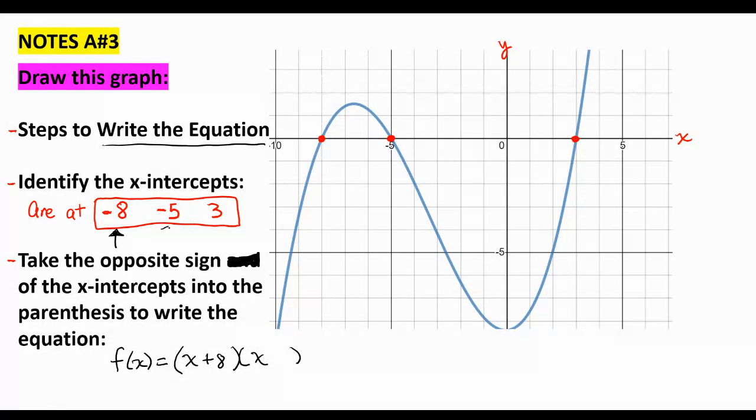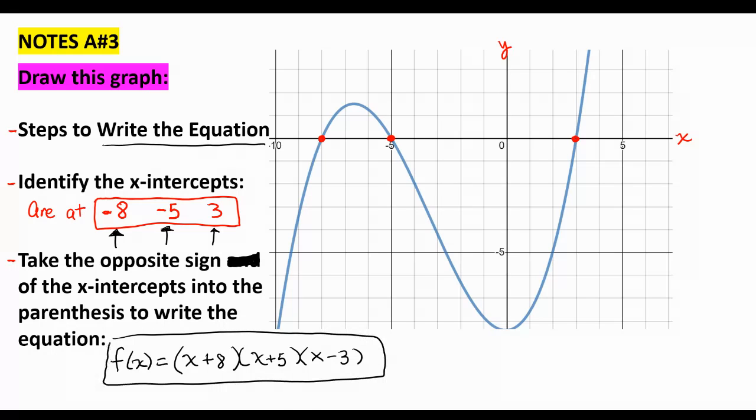In the parenthesis, take the opposite sign, so it'll be +5. And then for the last one, draw your parenthesis and take the opposite sign, so it's +3, so you write -3. And there you go, you just wrote the equation for that graph based on those x-intercept dots. Hit pause if you need a minute to copy this down.